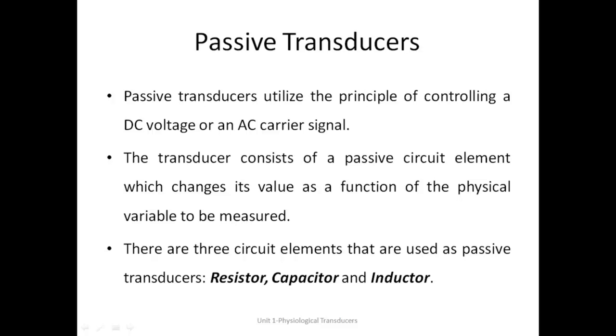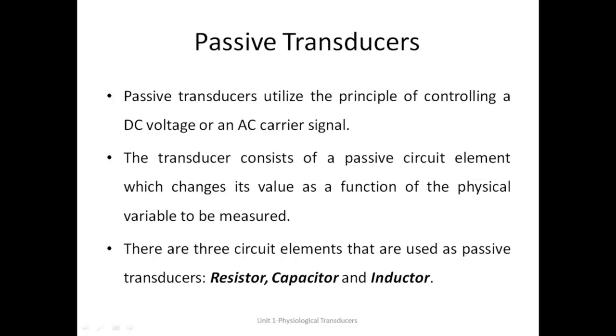If it is pressure, then the passive element that we are using should be sensitive towards pressure. If it's temperature, then the passive element that you're using should be sensitive towards the temperature that we have to measure, right? So this is how we design the passive transducers.